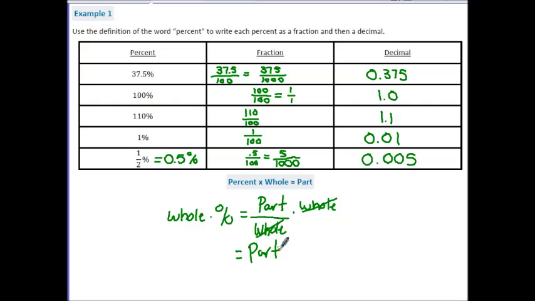And over here, we'd be left with whole times percent, which we could also do the commutative property to rearrange as percent times whole. And so I get the formula percent times whole equals part, which is what we have right here. So this formula is really derived just from the basic idea of percent being part divided by whole. It's just rearranging the equation. And we're going to use this quite a bit in solving percentage problems.